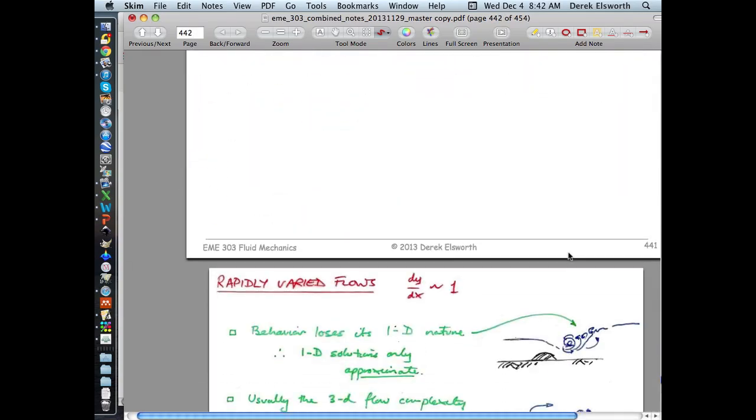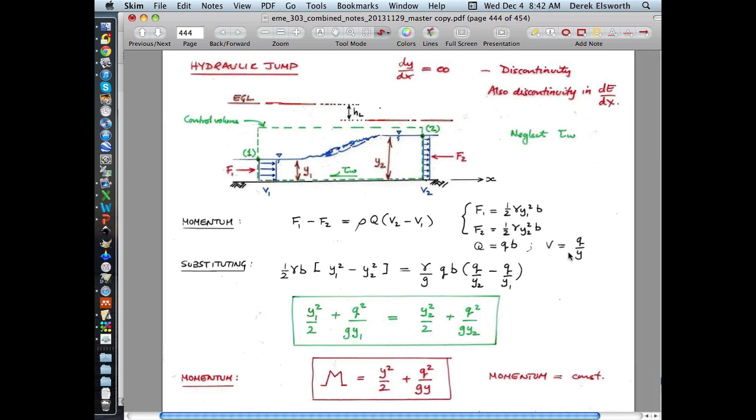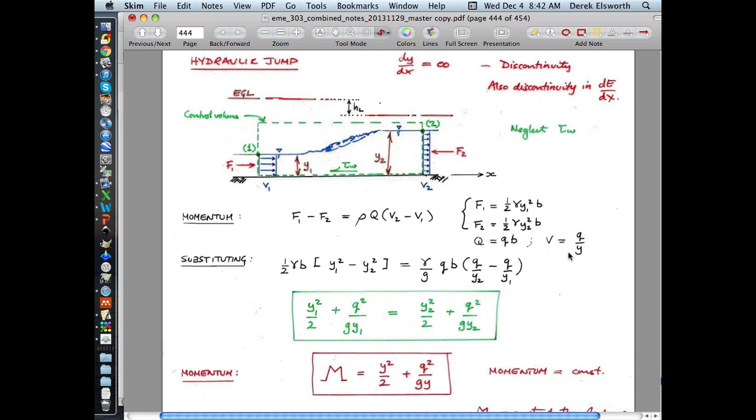And so it's been observed that to deal with that, we have to just account for something else. And what we account for is that instead of just solving for energy, which is the Bernoulli equation with the loss in it, we solve for momentum. And so this is just our momentum equation. Upstream, so you isolate a free body diagram, upstream force, downstream force, and the rate of change of momentum.